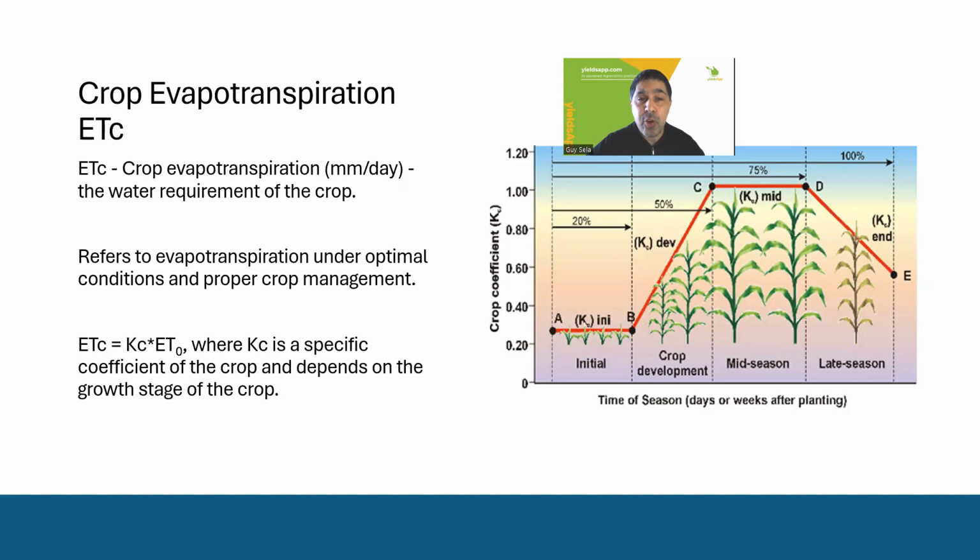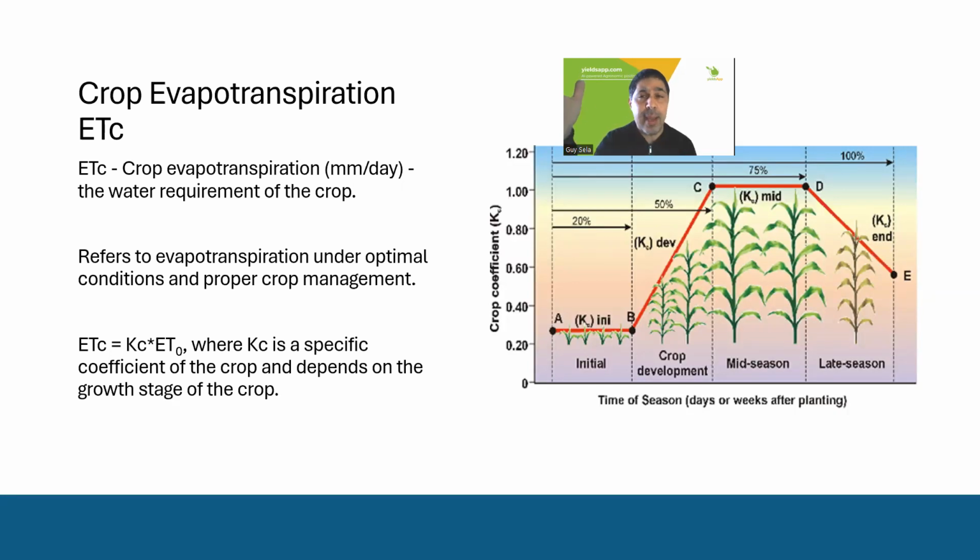Kc is the crop coefficient, which depends on the crop stage, and it's the fraction of the evapotranspiration that the crop would actually use or lose, the amount of water it will consume. The evapotranspiration of the crop is that Kc, the crop parameter, times the reference evapotranspiration.